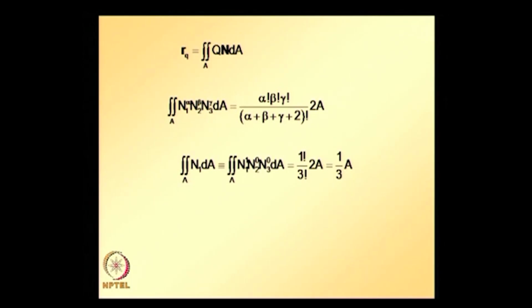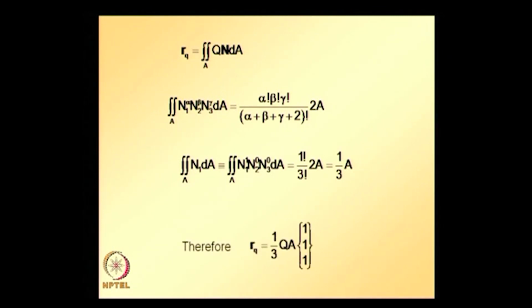Example, integral n1 over the triangular region can be written as n1 power 1, n2 power 0, n3 power 0, which can be simplified to 1 factorial divided by 3 factorial times 2a, and which is equal to a over 3.